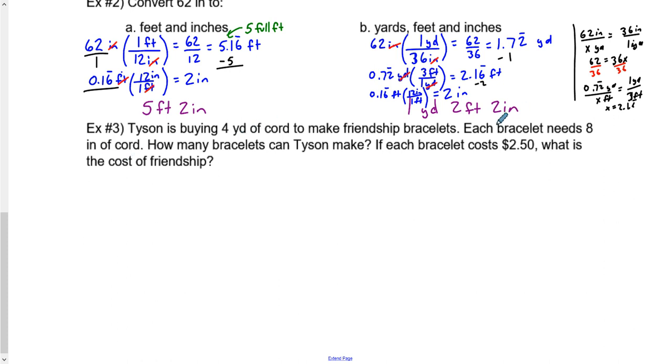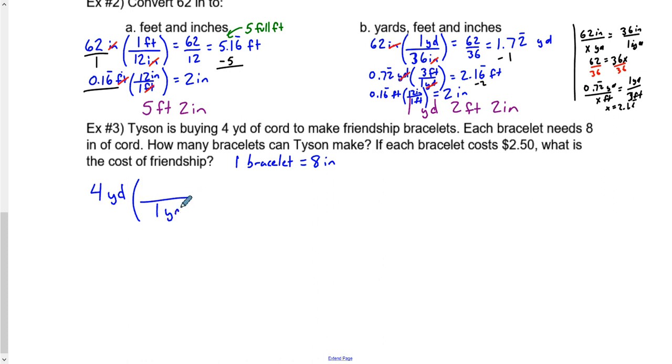Well, the great thing is, it says each bracelet needs 8 inches of cord. This is another reason why dimensional analysis is so useful. 1 bracelet equals 8 inches. So if we have 4 yards, we're going to have to convert it into inches.